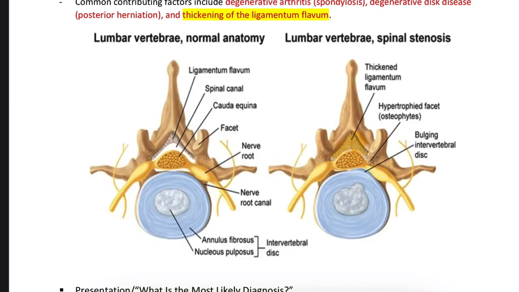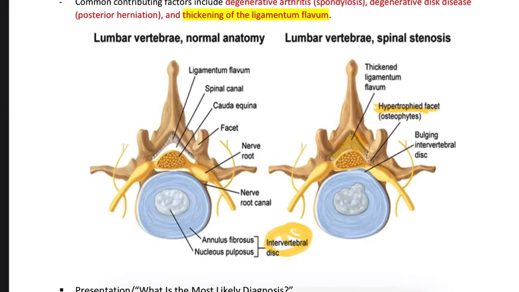The intervertebral disc is anterior, and you can see compression. The facet joints will be hypertrophied because of osteophytes or spur formation. These structures compress this area and affect both lower limbs.